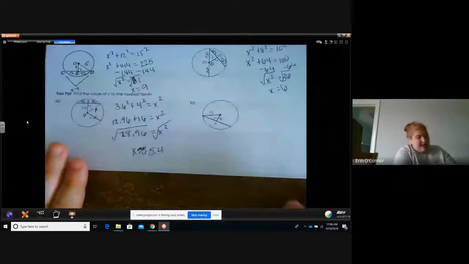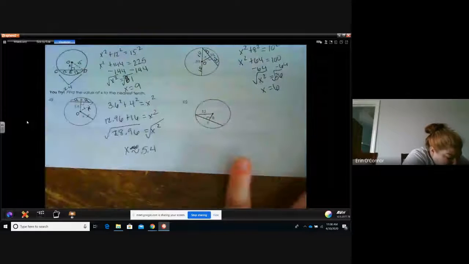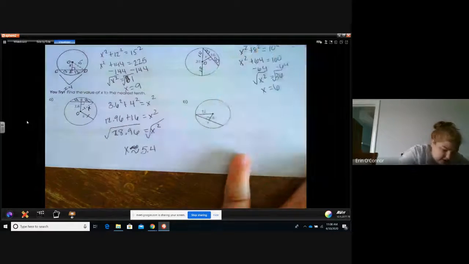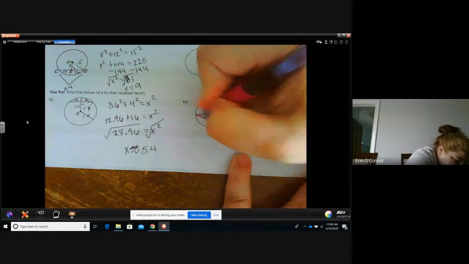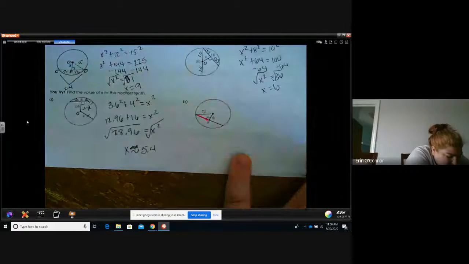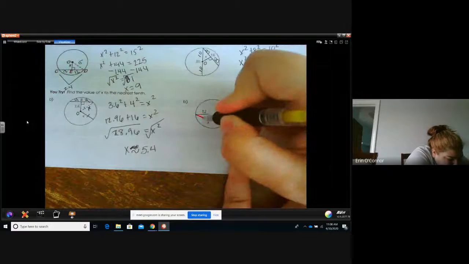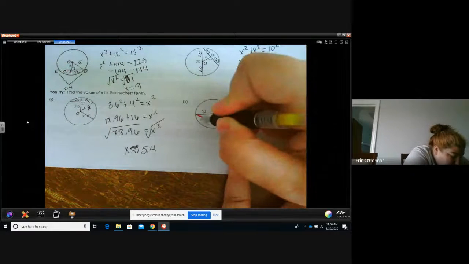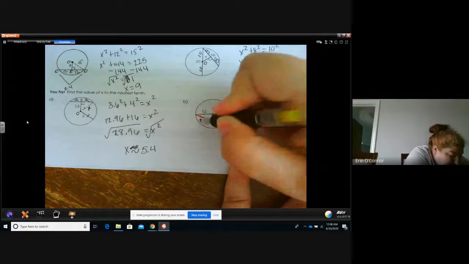Over here, x is going to be double whatever this right here is, because it bisects it. If we find this, we times it by 2 and we'll find the whole thing. So I'm not going to put 1/2 x here. I'm just going to put a p here. We're going to find p first and then double it.